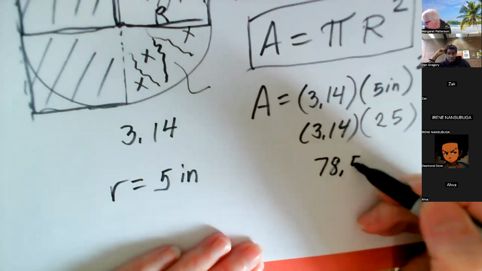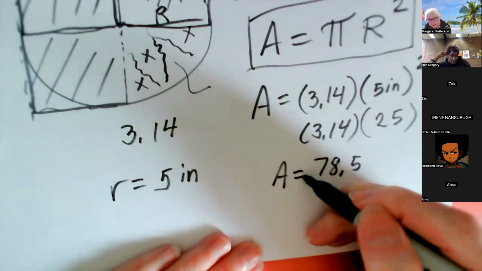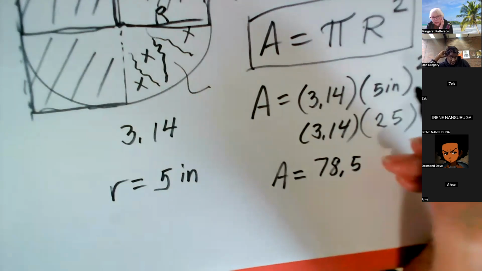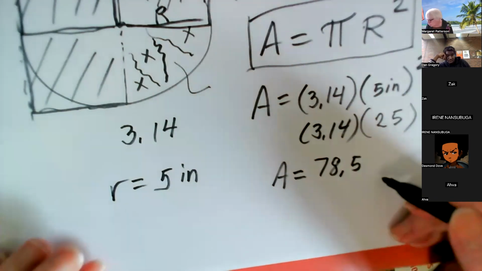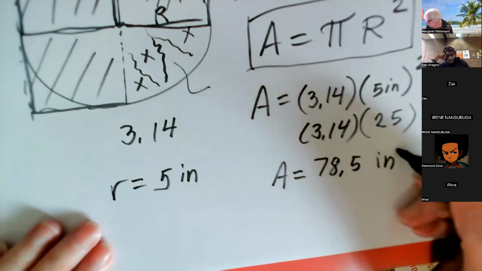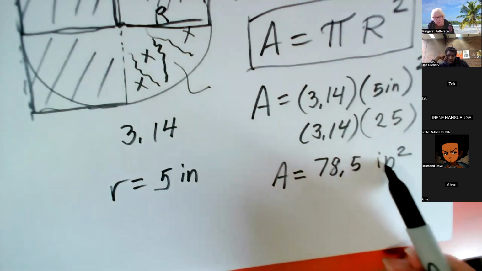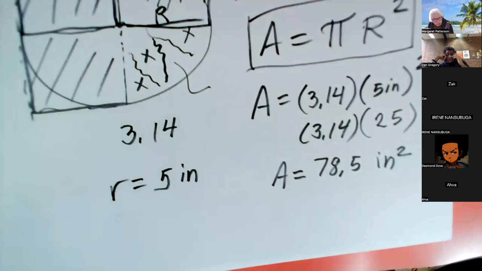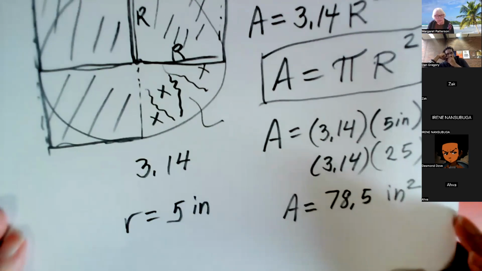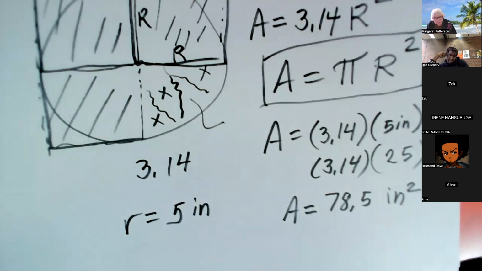I used the same problem, so I know the answer. And then inches times inches is square inches, partly because we have 2 of them here, and partly because area is always square. So we have an answer for that problem. How is that?